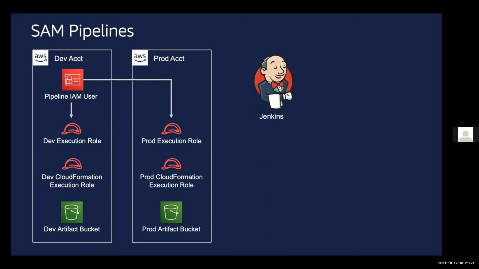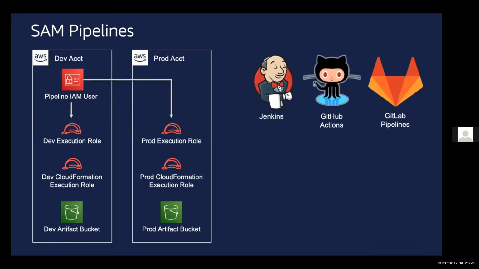At launch, we had support for Jenkins, GitHub Actions, and GitLab pipelines. I'm not sure whether you're aware, but we now also support AWS CodePipeline, which is what we're going to be using today, because it's really easy to do on the AWS environment, and you can use your Cloud9 environment to spin this up. So we'll go through that today.